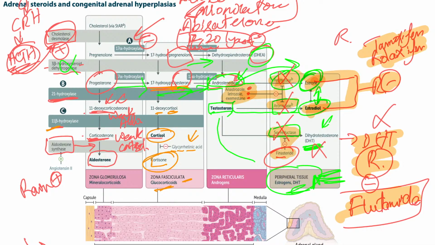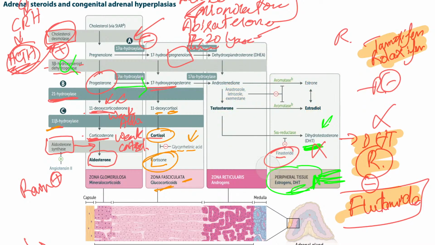Now the question arises. Let's just remove all this, and let's talk about one thing here, and that is your androstenedione, right?